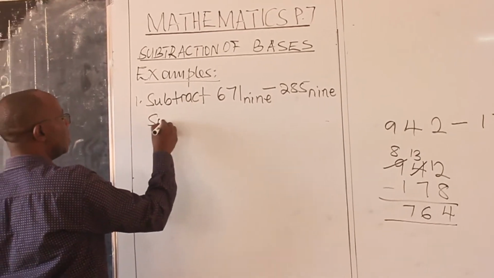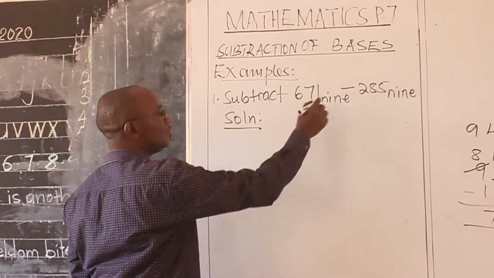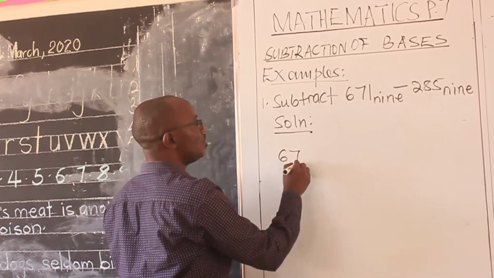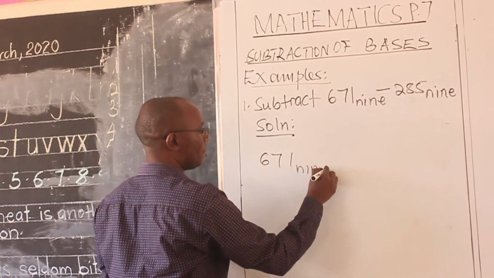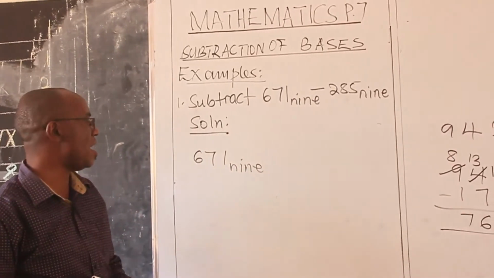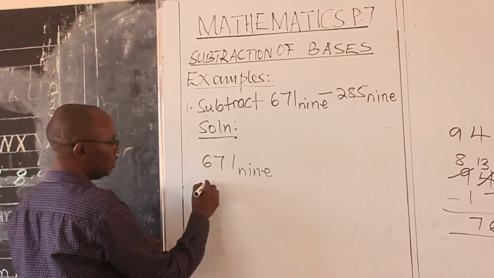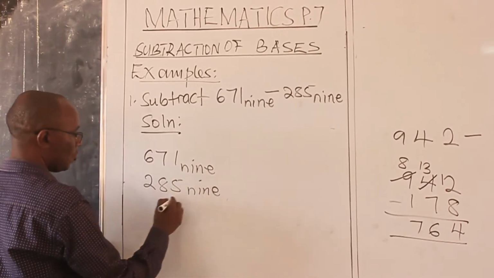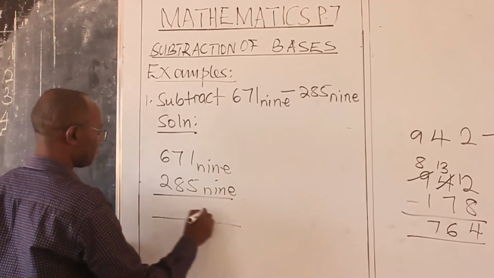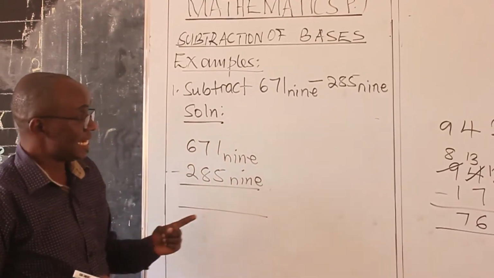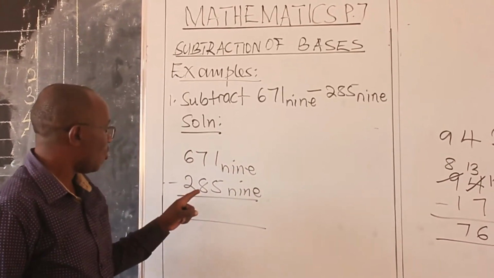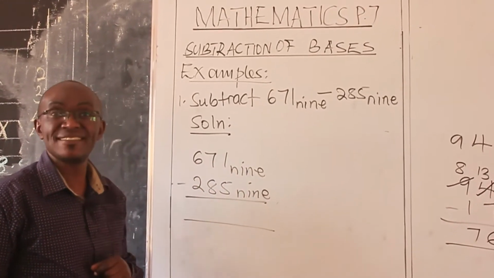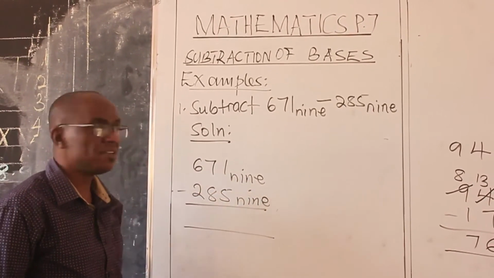So, solution. We are going to relate the same idea to what we have done there. Now this is 671 base 9 minus 285 base 9. So we are subtracting like we have been doing. 1 minus 5, is it possible?